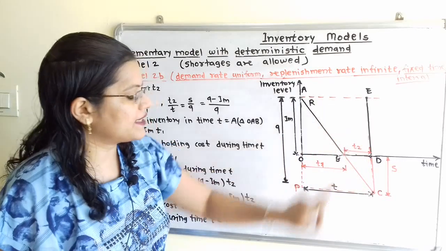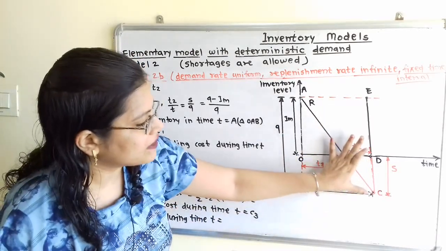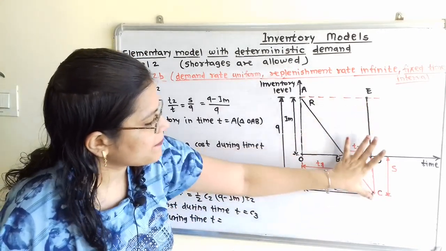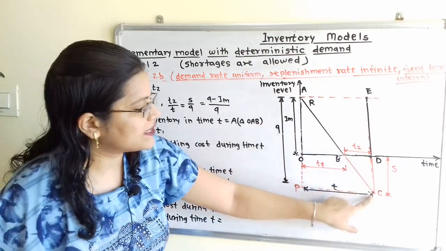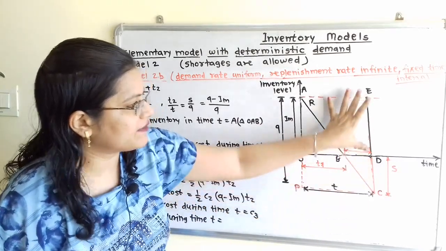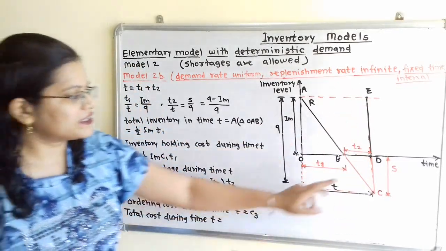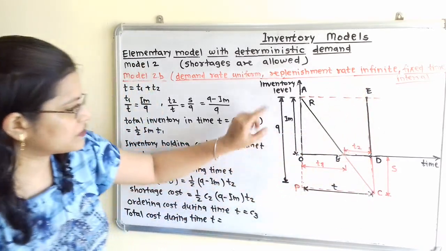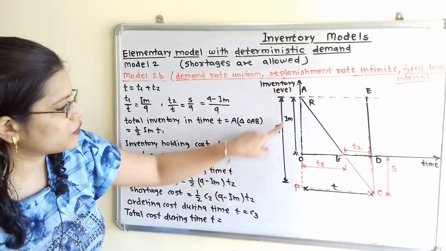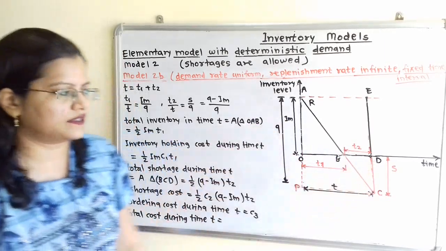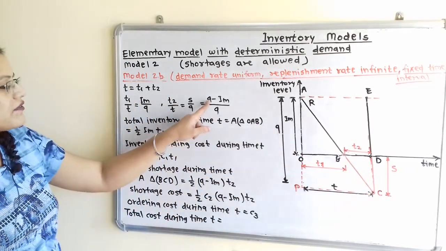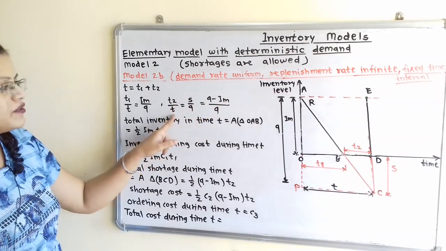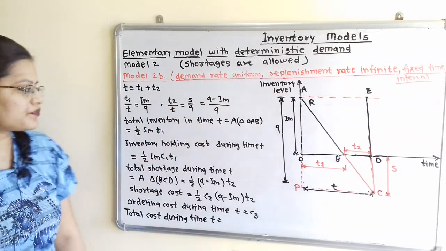So T2 by T is equal to this height S divided by Q, this height CD divided by CE, that is S divided by Q. Now this S we can write as Q minus Im, because if we observe, the difference between Q and Im is nothing but S. So we can write T2 is equal to Q minus Im into T divided by Q.